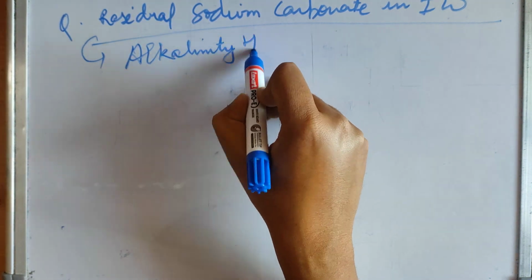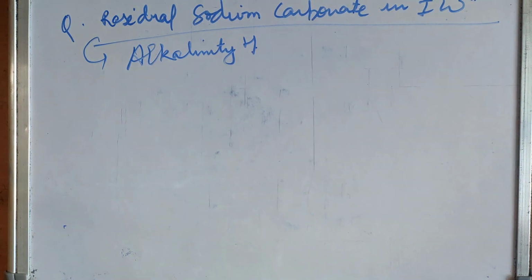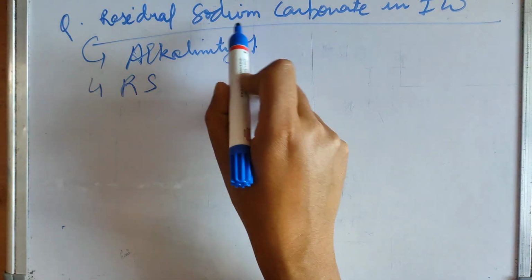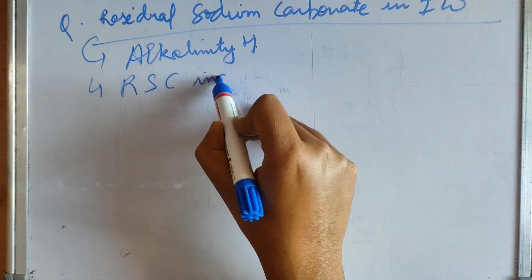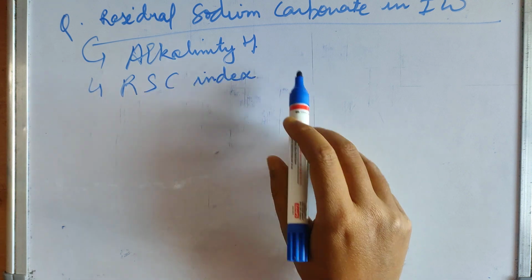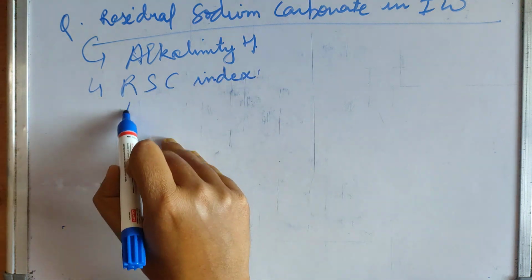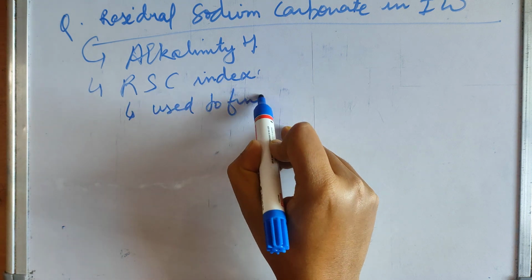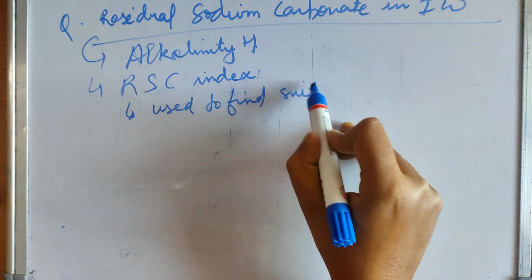To indicate alkalinity hazard for soil, it offers the RSC index, the residual sodium carbonate index. This RSC index is used to find the suitability of water.